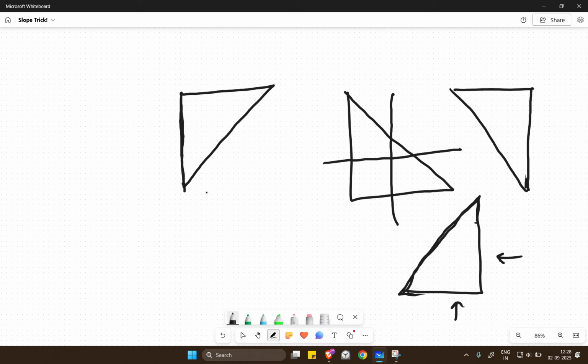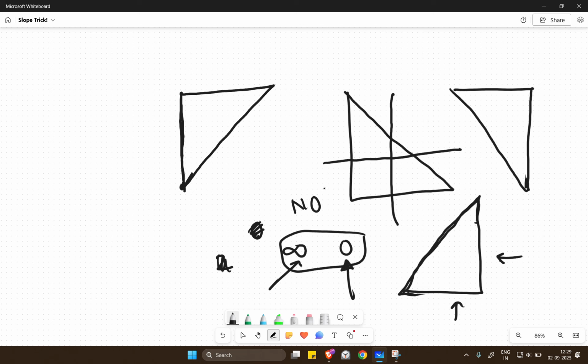So again, how do you check the slope of the lines? The slope of one line should be infinity and the slope of the other line should be 0. In this case our answer would be no, otherwise our answer would simply be yes.